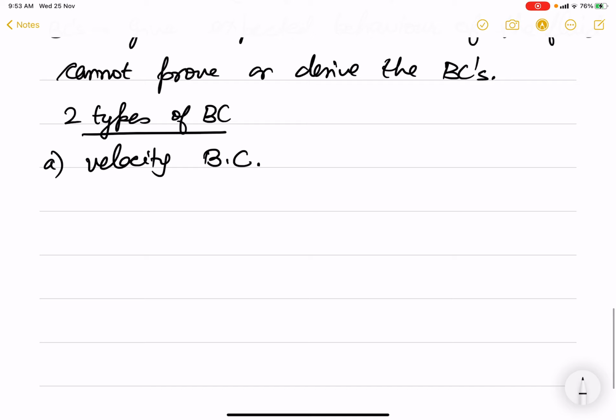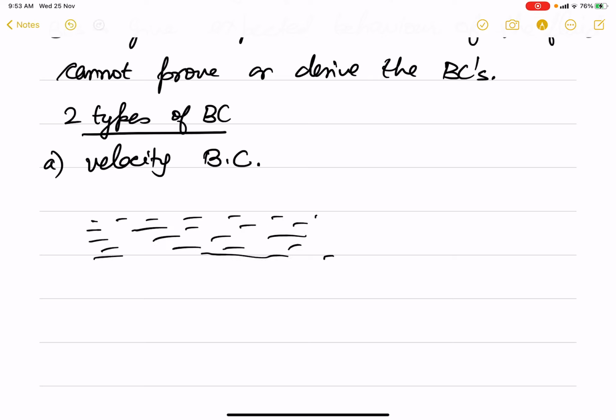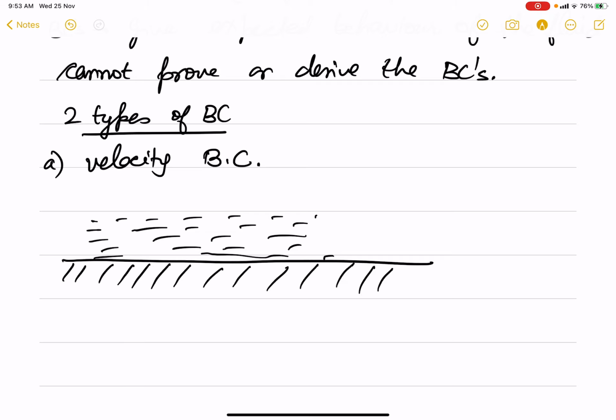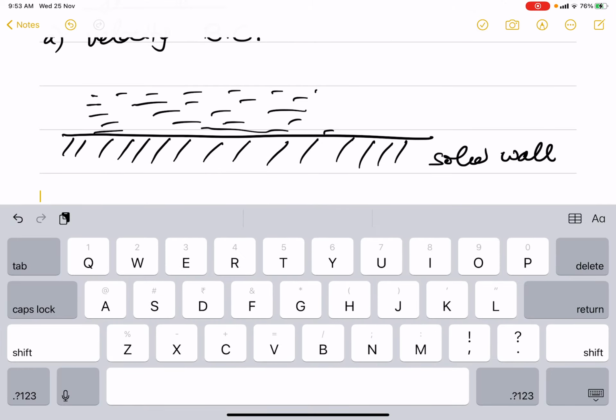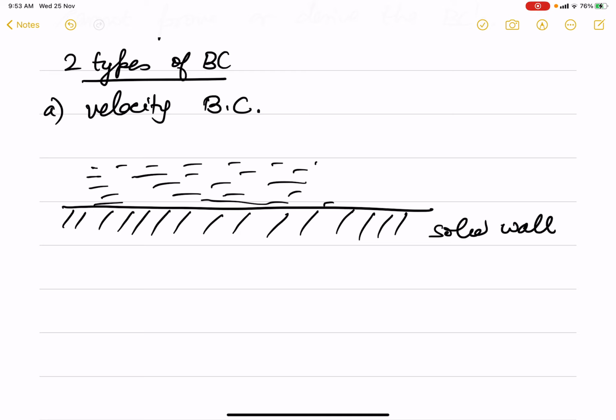So now in the velocity boundary condition, let's say there is flow taking place in a domain, and at the end of which it's next to a solid wall on one side. On the other side, let's say the flow is going up to infinity. When we talk of the boundary condition, we will look at the solid wall, where the fluid ends.